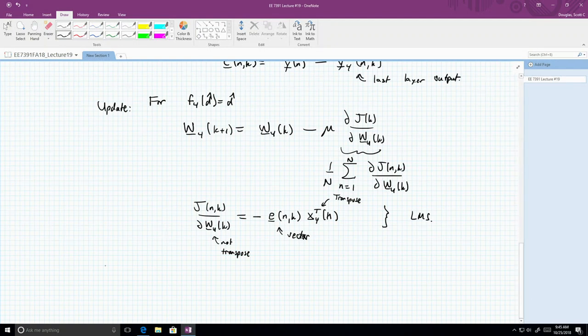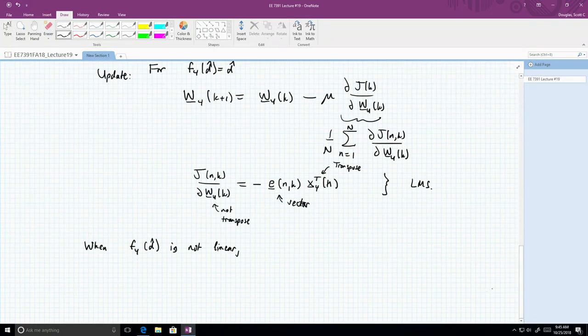Now, what happens when we have a general f of d that is not linear? Well, it turns out it's basically the same thing, and actually I think I had one half of this.